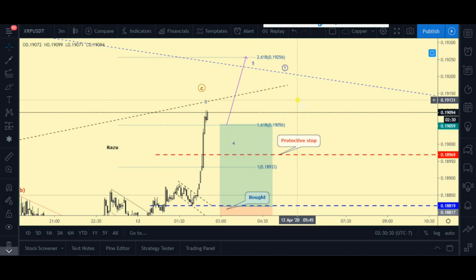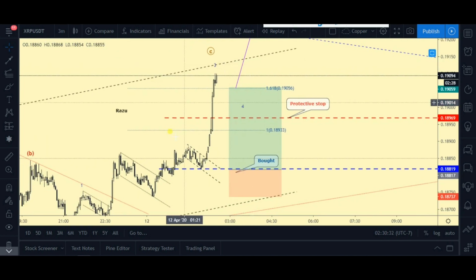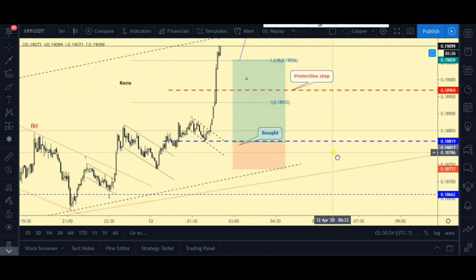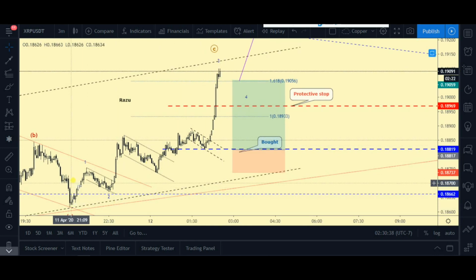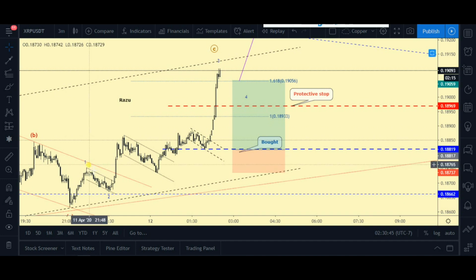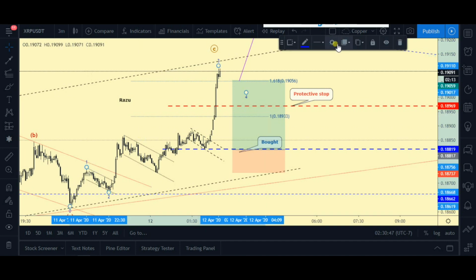So inside the third wave we can see clearly the 5 waves. So if we look closely, this is the first, this is the second. So in the third wave we have another set of waves.